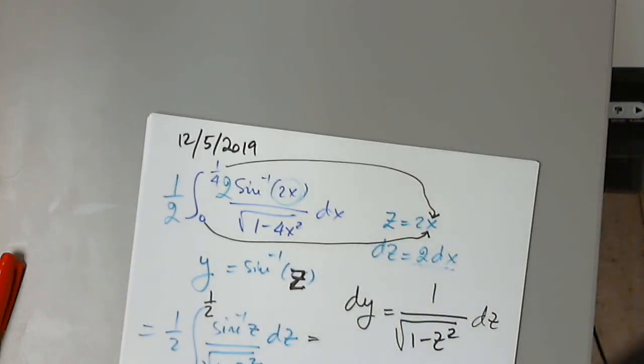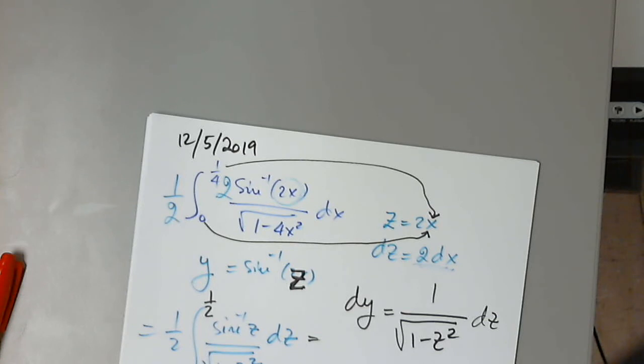When I see sine inverse, I say, okay, sine inverse is okay, but sine inverse of 2x is not okay, because it's a function inside sine inverse. If I only have sine inverse x, I'll say, well, plain sine inverse, but this is not the case. Secondly, I know that sine inverse prime is 1 over the square root of 1 minus something squared, right?